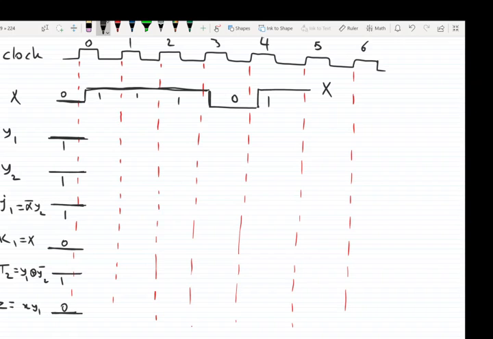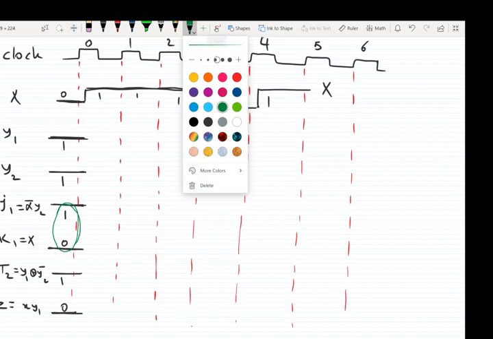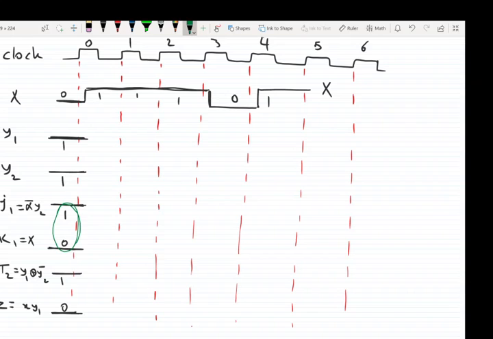Now that we reached this point, using J1 and K1, we determine the next state of Y1. J1 is 1, K1 is 0, it means set.